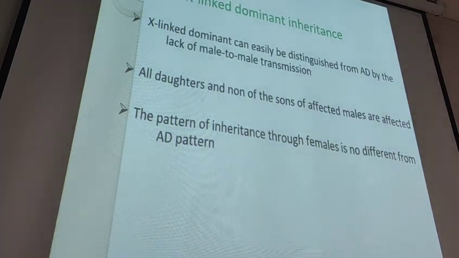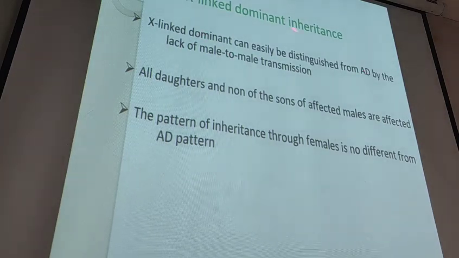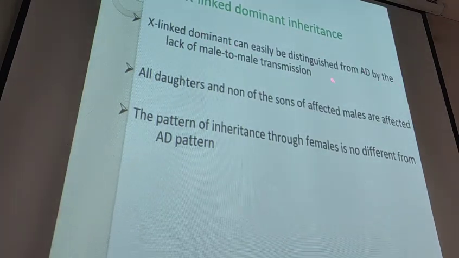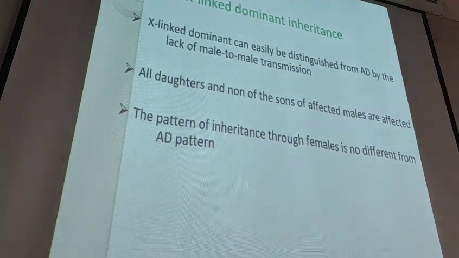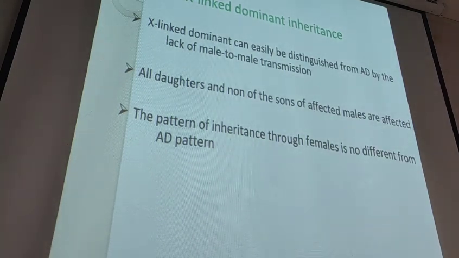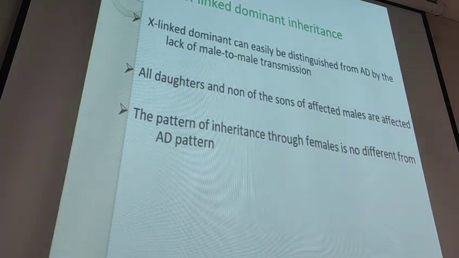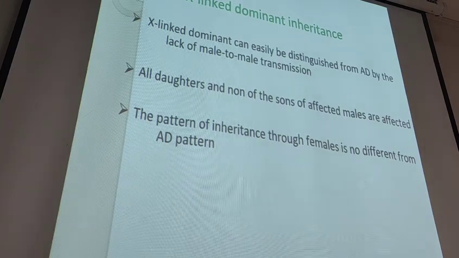Another pattern is X-linked dominant, which can easily be distinguished from autosomal dominant by male to male transmission. In X-linked dominant, you will not have male to male transmission, but in autosomal dominant, we will have male to male transmission.